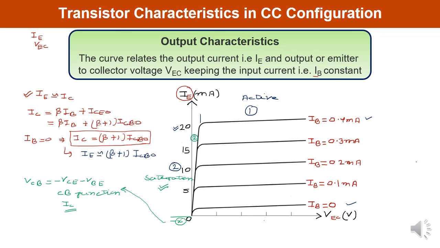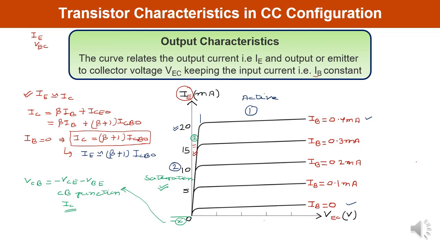There are some located points you can observe here when the value of VEC is positive, but since this value is very small, this potential is not enough to make the diode reverse biased. That is why the diode will always be in forward bias in this region.